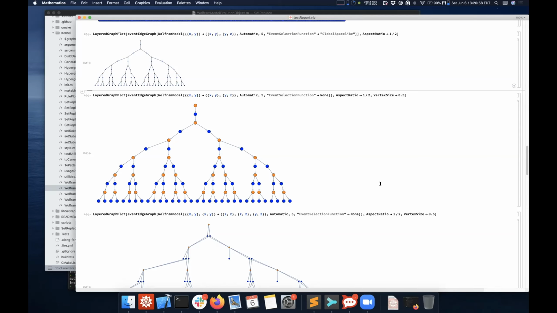Okay, so hold on. Let's walk this through. What we want then is this matrix that says, let's see, it's edge to edge, but also edge to event.